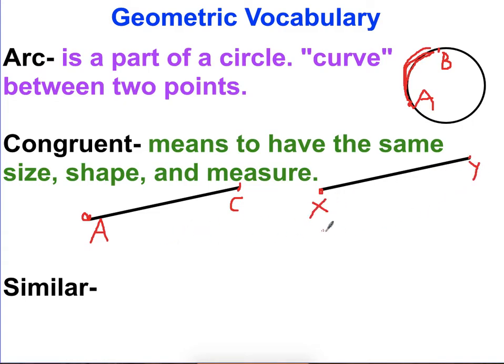Okay, so after you prove that they're congruent, you would say AC, line segment AC, is congruent to, you write an equal sign with a little squiggly on top there, is congruent to XY. So after we've proved they're the same, we can write this statement.